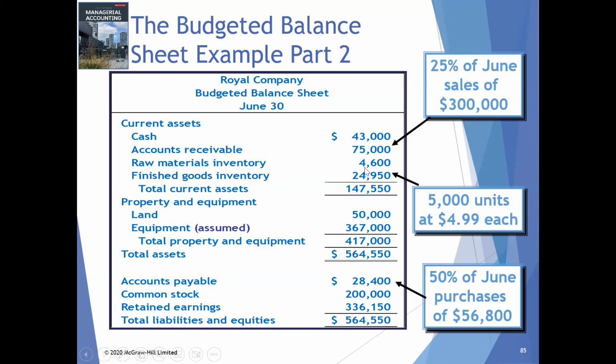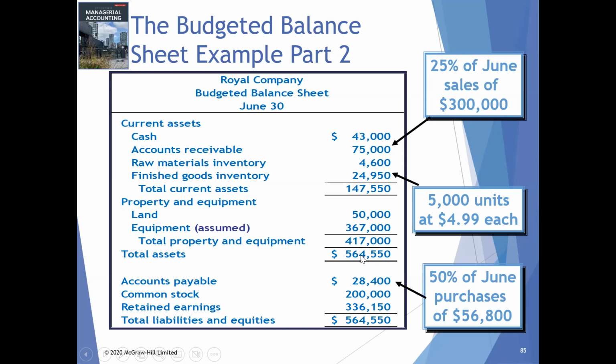Next, for property and equipment, meaning all the fixed assets we have, land is $50,000. Then equipment that we have assumed is $367,000, and total property and equipment is $417,000. So total assets means current assets plus property, plant, and equipment, PPE.